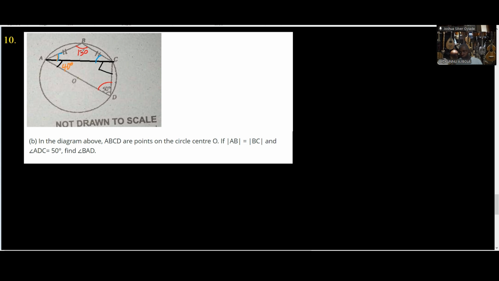Then we have them to be 25 each. So the angle you're looking for, BAD, will be 25 plus 40, and that will be 65 degrees. Okay? Yes, sir.